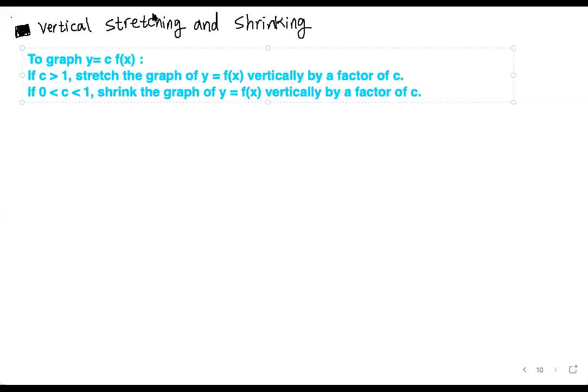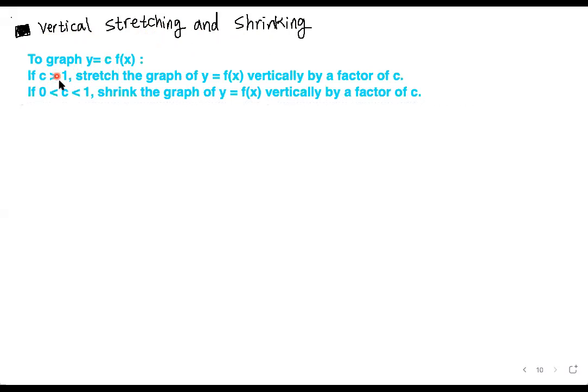Same as before. To graph the function y equals c times f of x, now I have a number multiplied by the function from outside. If it's outside, this means vertical stretching and shrinking. This number has some property.